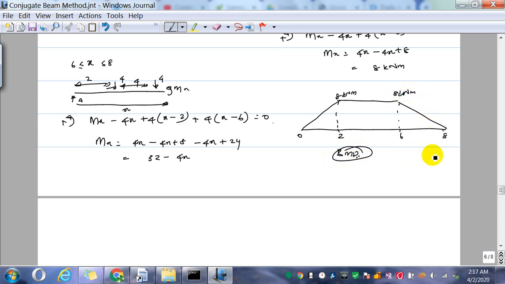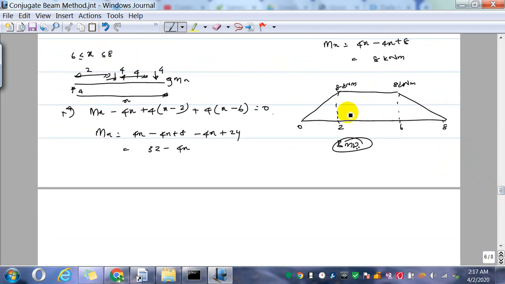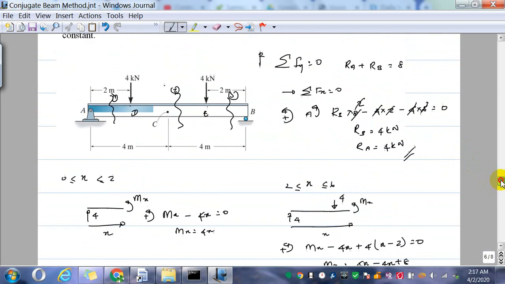Kilonewton meter. So now what we need to do is apply this as a load to a conjugate beam of this real beam. So for the conjugate beam, if you have a pin at the far end, it's going to be an end pin. If you have an end roller, it's going to be an end roller. There are no other supports.